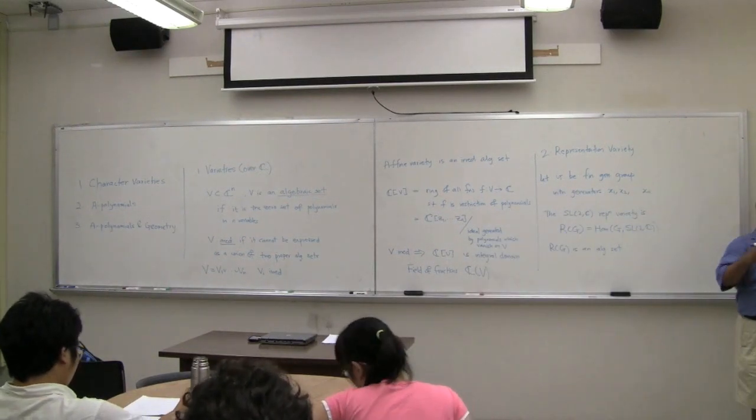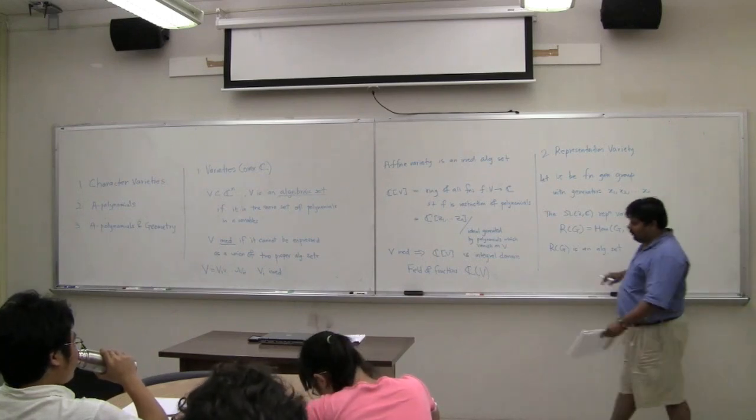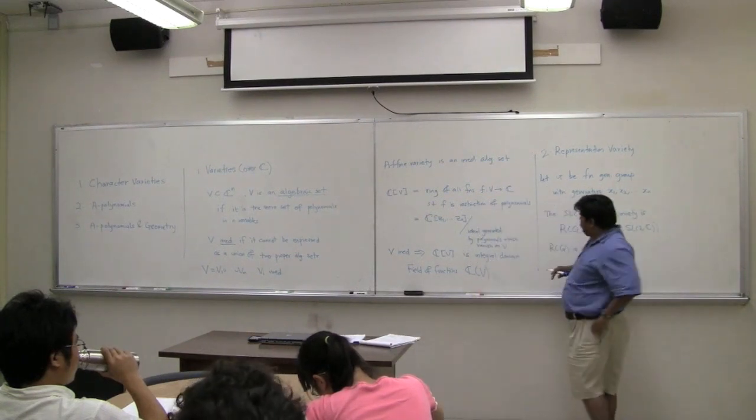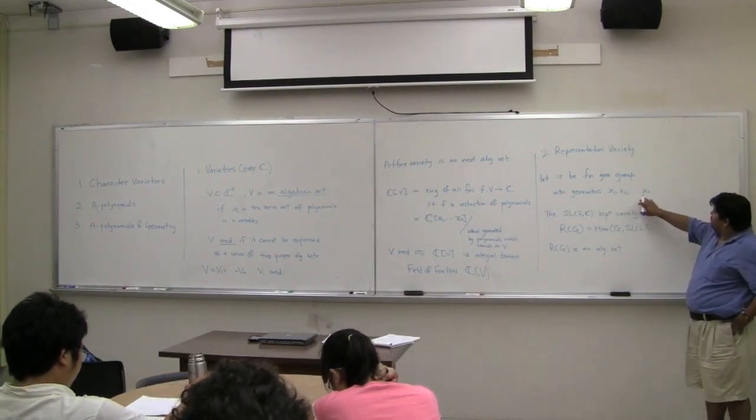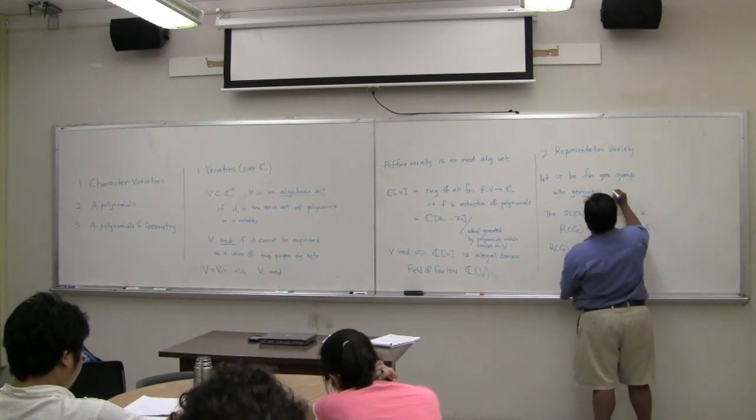Let me just say this. It's very straightforward to see this, and if you want, I can write more. So we have some generators, I meant to write g1 to gn. Sorry.